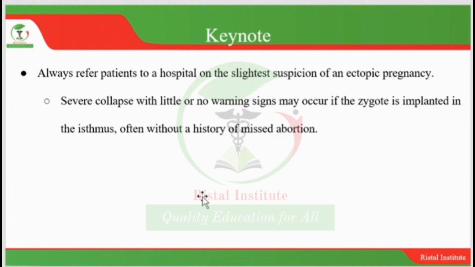So, what are the important things that we should know? Always refer patients to hospital on the slightest suspicion of an ectopic pregnancy. Severe collapse with little or no warning signs may occur if the zygote is implanted in the isthmus, often without a history of missed abortion.